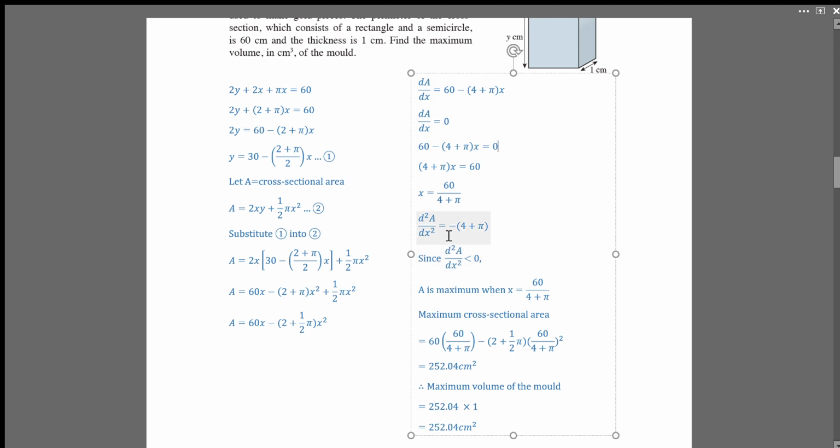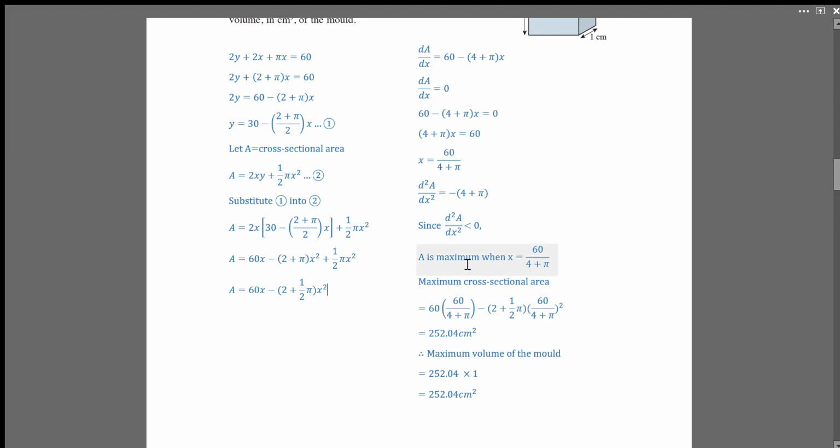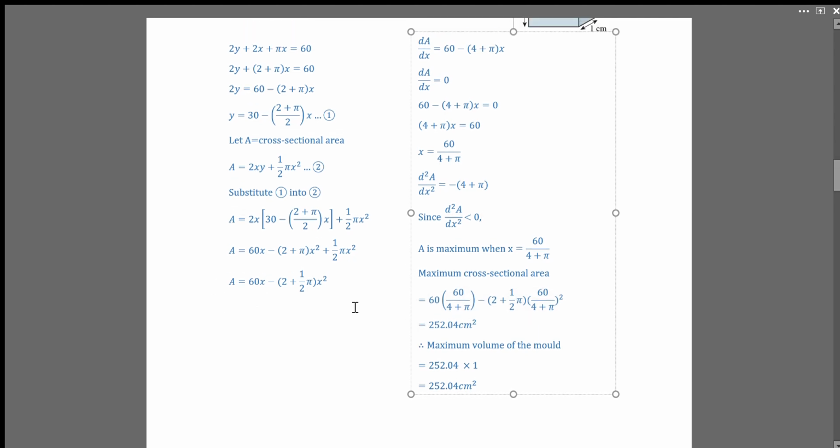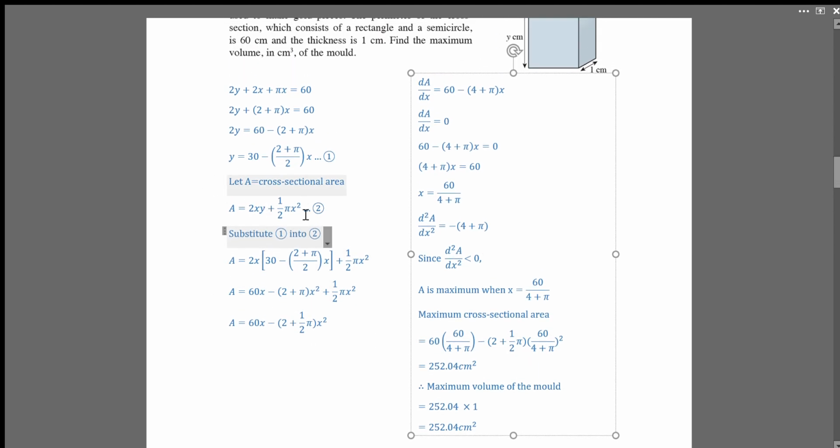I can use the second derivative to double check my assumption that A is maximum when x equals this value. By knowing that, I can directly substitute this x value into the area equation, which is here.